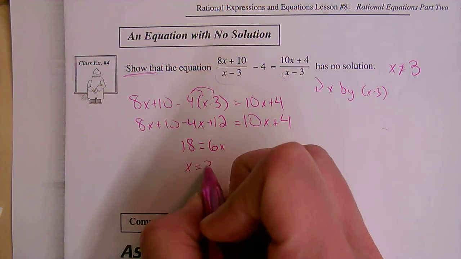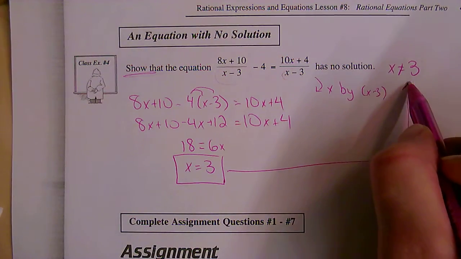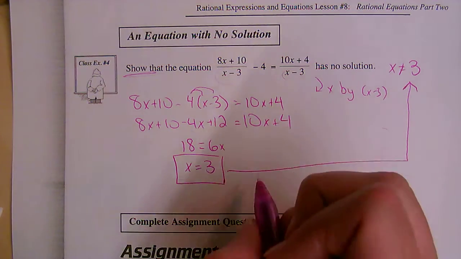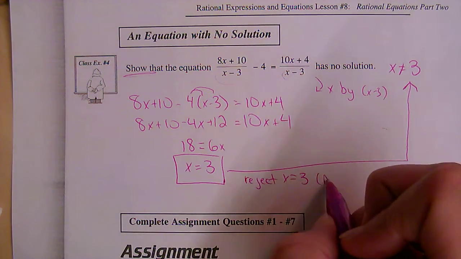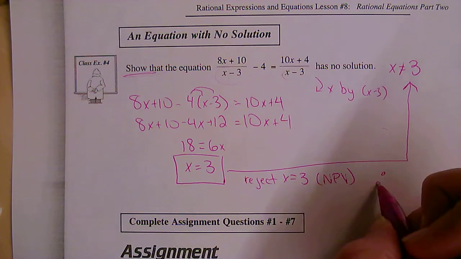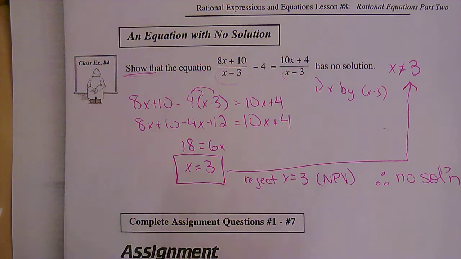And then x is equal to 3. Wait a tick. Okay, we would have to reject x is equal to 3 because it's a non-permissible value. Therefore, no solution. Done.